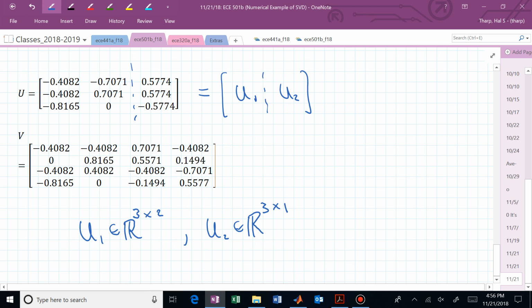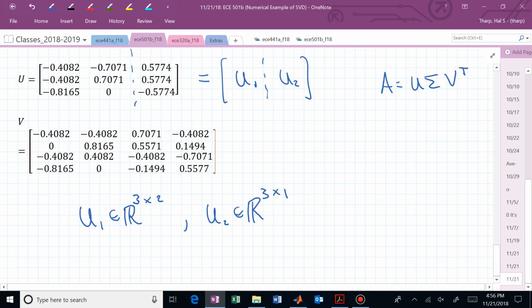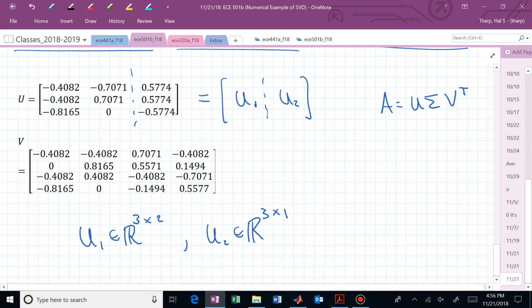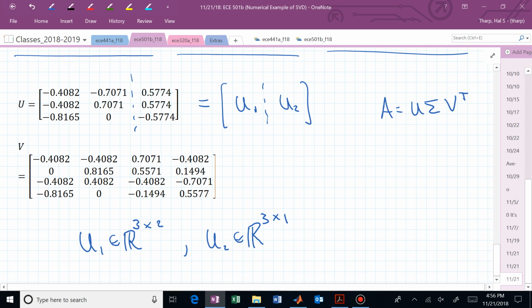But what can we also say, since we know that A is equal to U sigma V transpose? Whatever we can get to when we map through A, we have to be mapping through U. Or, what is U2 weighted by?